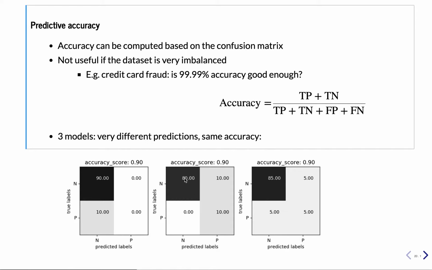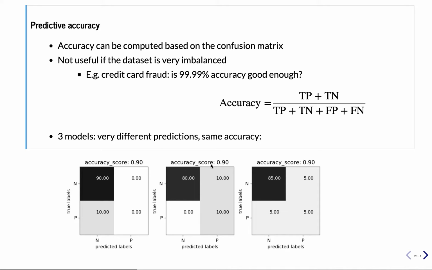This model is a bit better. It predicts 80 of the negatives correctly, and it predicts 10 of the negative cases incorrectly. But it does predict the remaining 10 positive examples correctly. Now, here as well, we only have 10% misclassifications. In this case, they are all false positives.